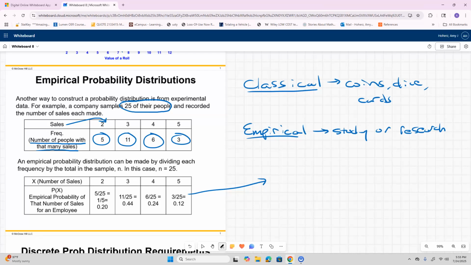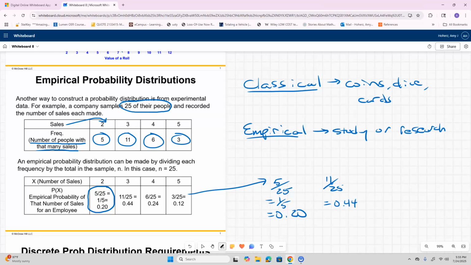But on the bottom, instead of saying there were 5 people that made 2 sales, we're going to say 5 out of the 25 people, which could then be reduced to 1/5, which could then be changed to 0.20. So that's where these values come from, and the 25 comes from there being 25 people. Then we have 3 sales. There were 11 people. 11/25 can't be reduced, but it could be changed to the decimal 0.44.